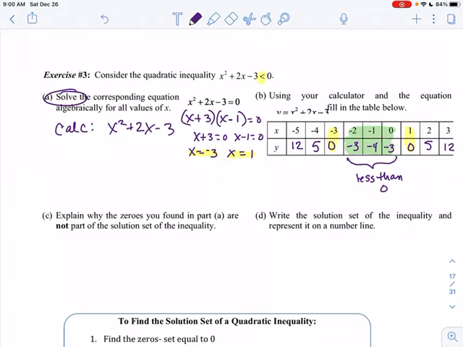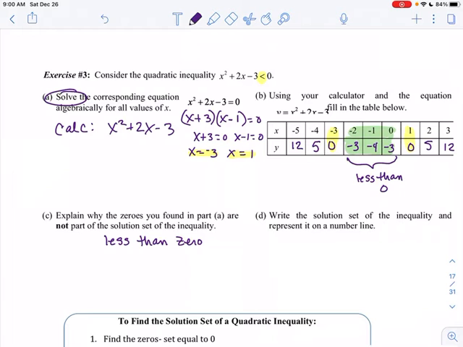And part C, which we already said, why are the zeros not part of the solution set? Because I am looking for everything that is less than 0, not equal to 0. I'm looking for solutions that are less than 0. There was no equal sign on that inequality.